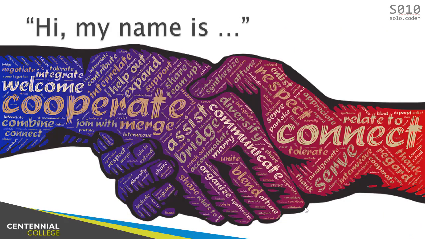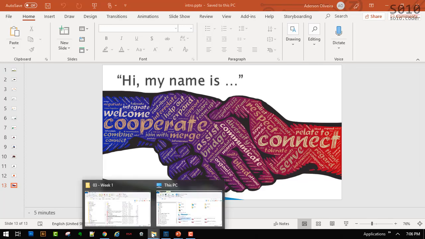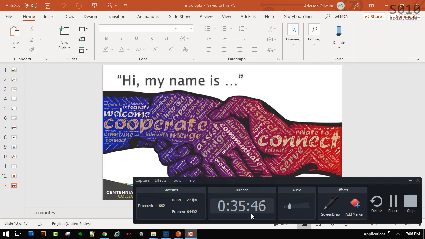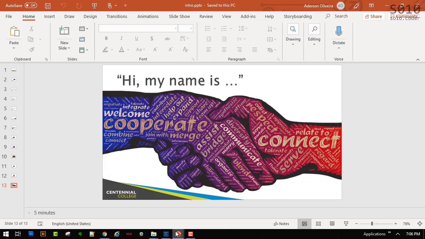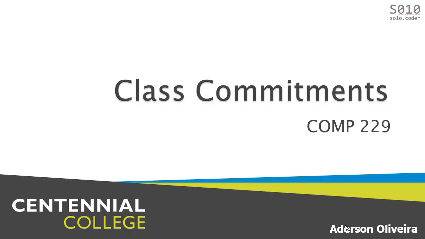So we did the introductions, and that's it for this PowerPoint. Now, let's talk a little bit about what I call class commitments. Those are more ground rules of how we're going to operate during the semester. Some of those are negotiable. Some of those are non-negotiable.